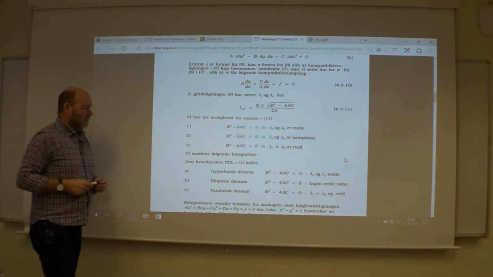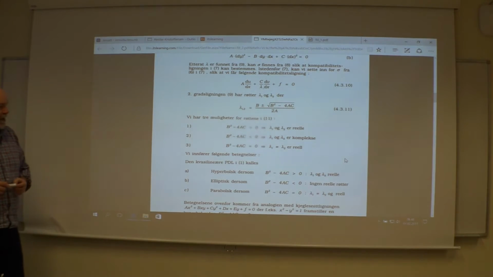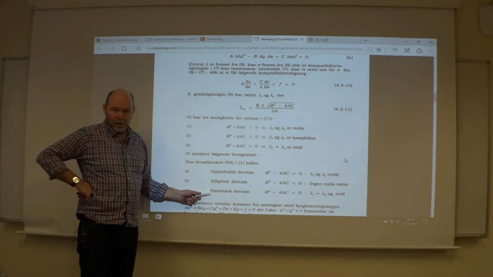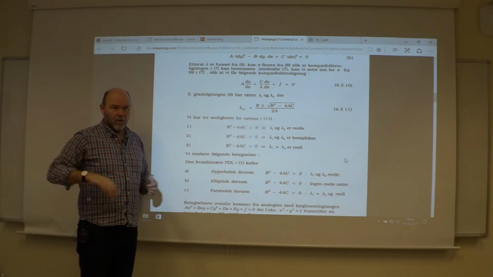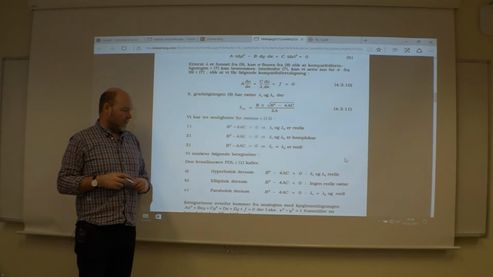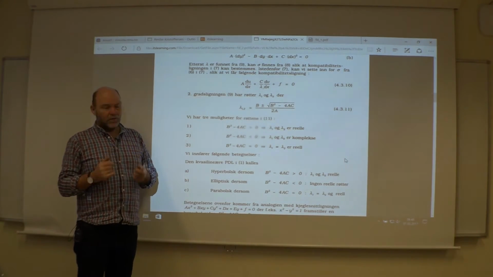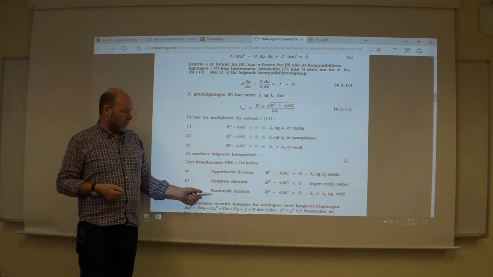So the names that people then have invented, they are hyperbolic, elliptic, and parabolic. These names are taken from math. I mean, taken from cross sections of a cone. So they don't mean anything physically.